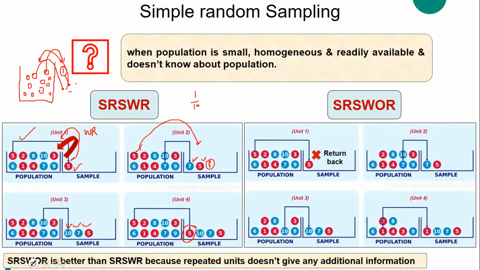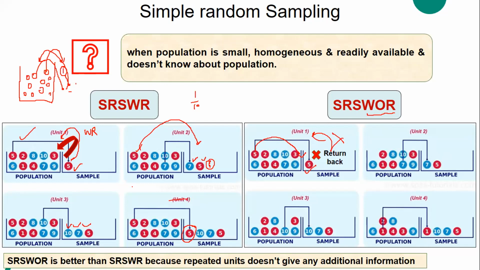Now just the opposite, what is simple random sampling without replacement? We have selected unit 5, we will not return it to the population. So all the units will be independent, and there will be different units in the sample. That's why it is called simple random sampling without replacement. We are not replacing it back into the population. Now, which one is more effective or efficient?